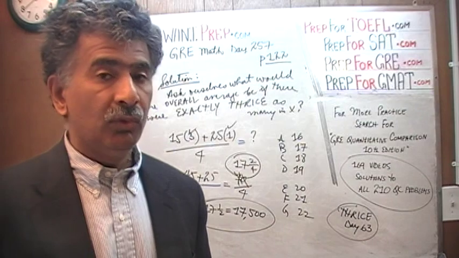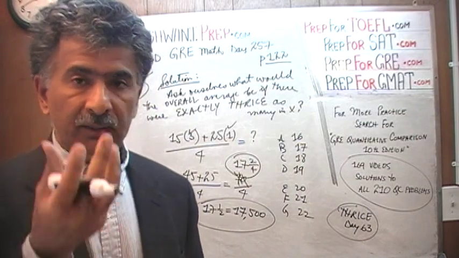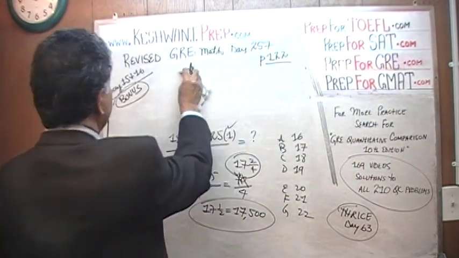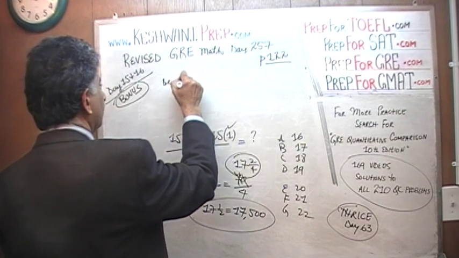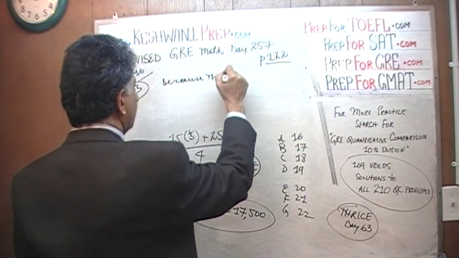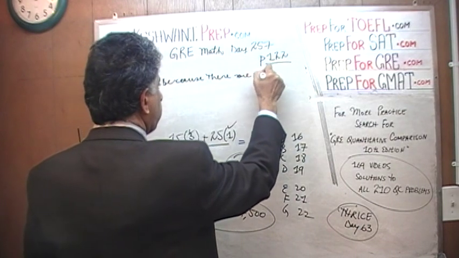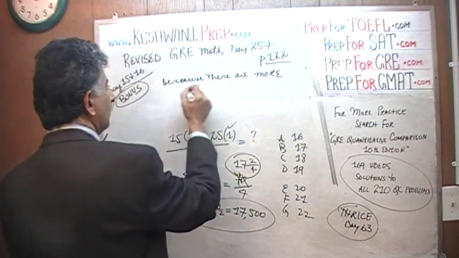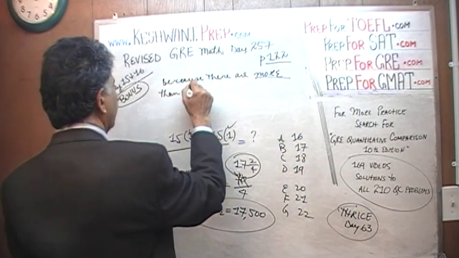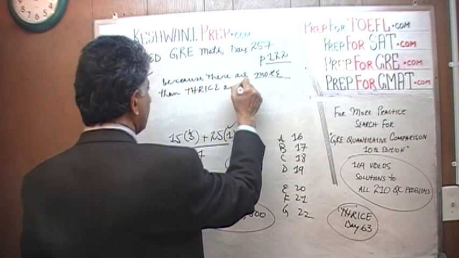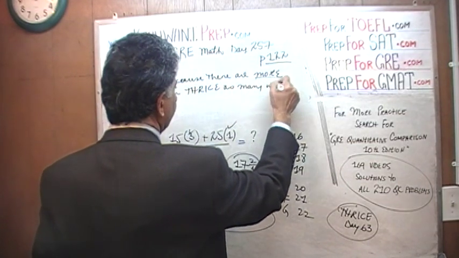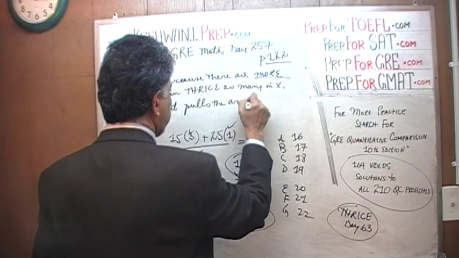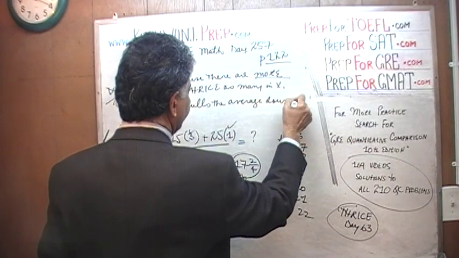But because there are more than thrice as many people in X, it pulls the average down.